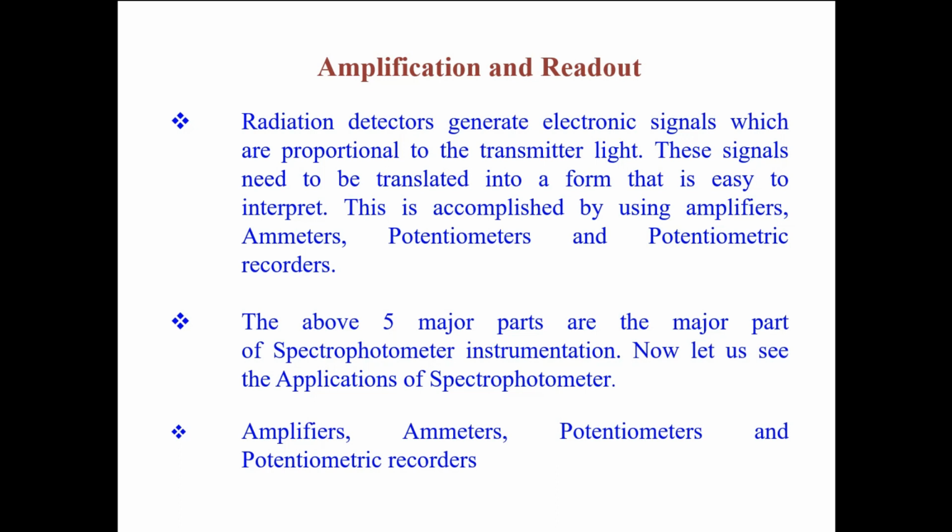Okay, so sometimes there may be a small amount of photon energy released from the molecule. In that case, the readout devices may not be that sensitive. They may not recognize the low levels of electricity which is generated.